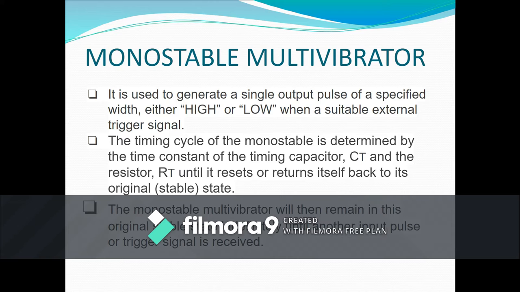We have two states, stable and unstable, and we consider stable as the low state and unstable as the high state. When a signal is given, the stable state goes to the unstable state, stays there for some time, and then automatically goes back down to the stable state. That's what we are going to see in this presentation, how it works.